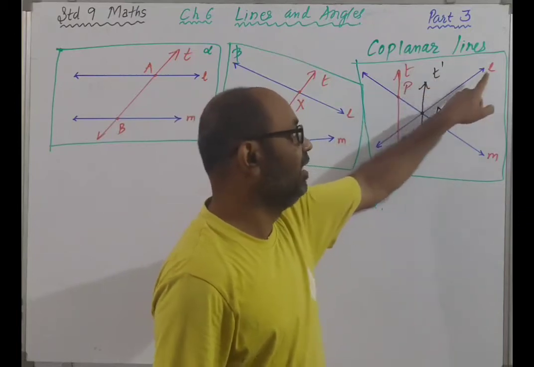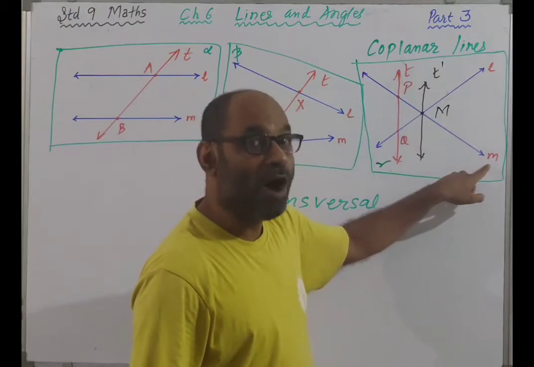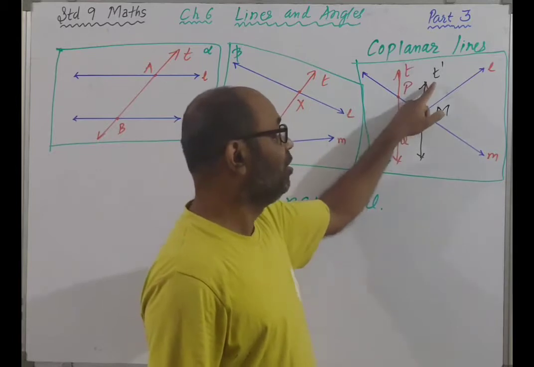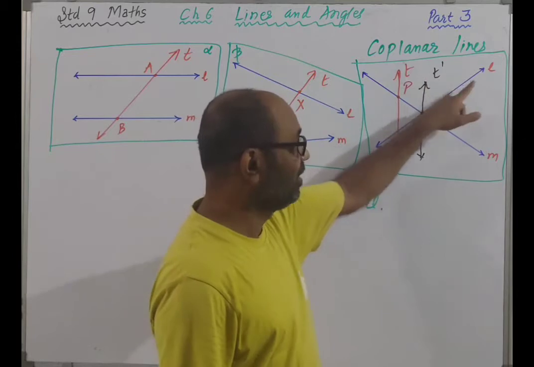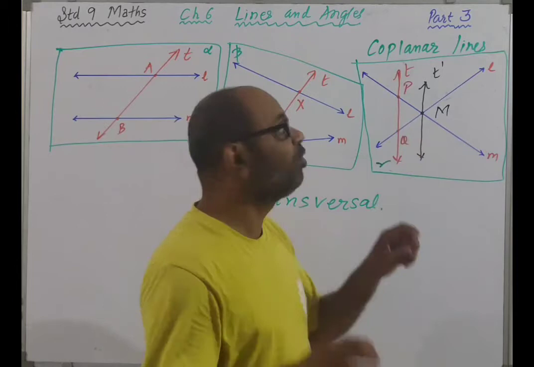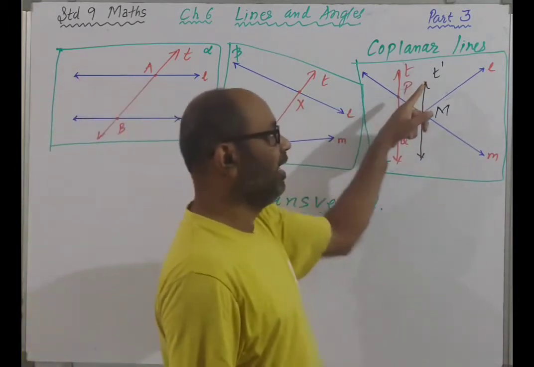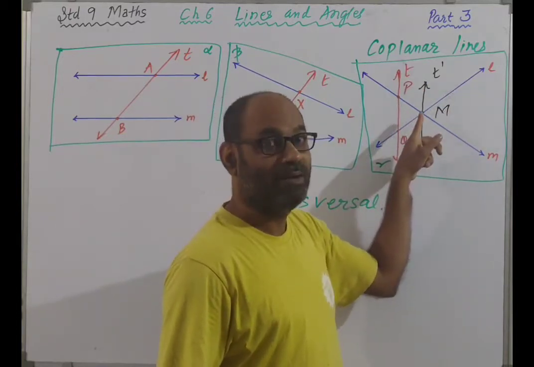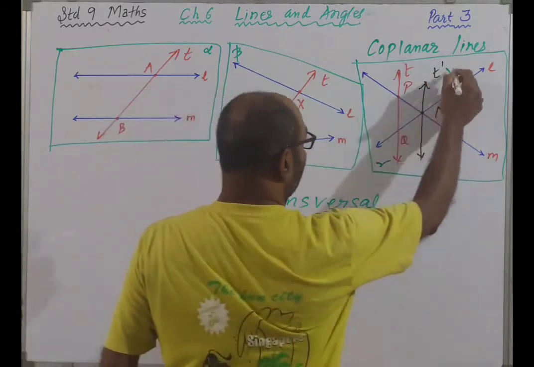So T dash intersects line L in point M. T dash intersects small m line also in M. But can you say T dash is a transversal? It is intersecting both the lines, but in one and the same point, not in two distinct points like PQ, XY, AB. Here T dash, the black line, intersects L and M in one and only one point M, not in two distinct points. So T dash is not a transversal.